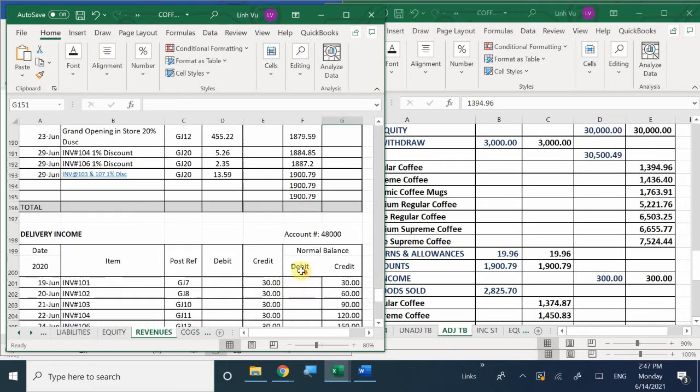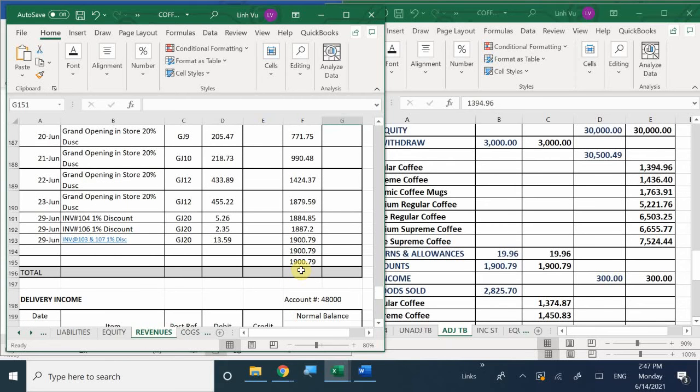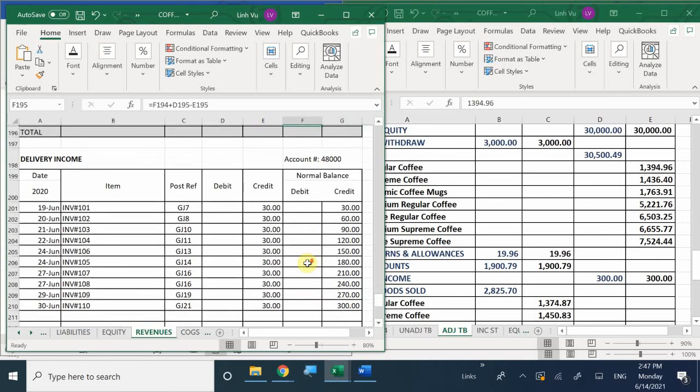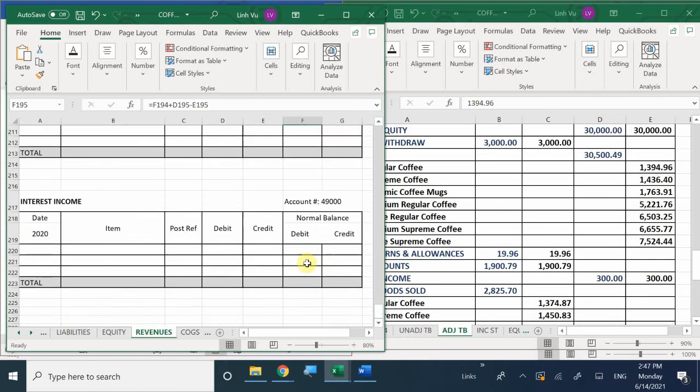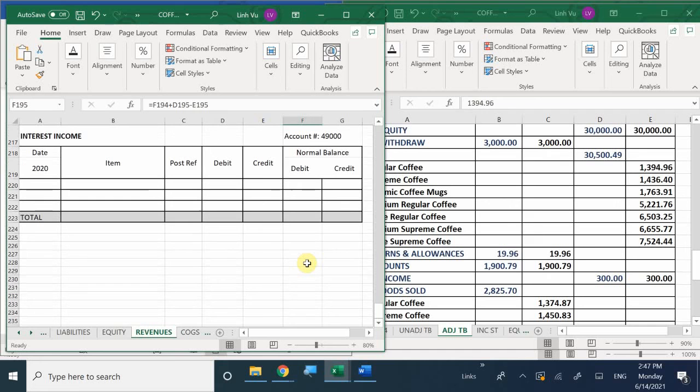My sales discount is still $1,979. Okay. And my delivery income is still $300. Right? We don't have any interest income. So in this case, my whole entire revenue section should have stayed the same. No adjustments there. All right.